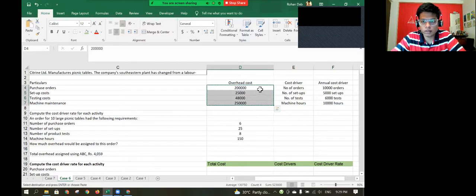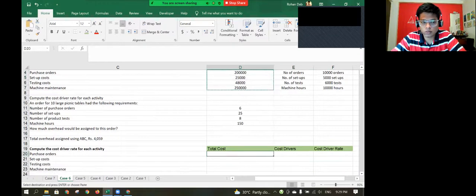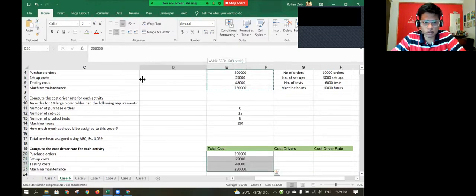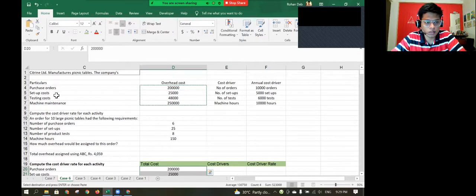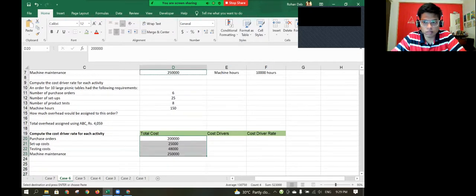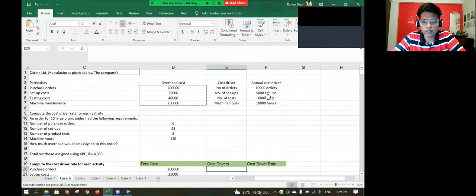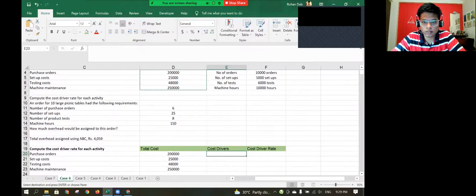So I'm taking the overhead cost. This is the total cost that I have to allocate. I'll make this shorter so that it's easier to see. Cost drivers are given over here: 10,000, 5,000, 6,000, 10,000.